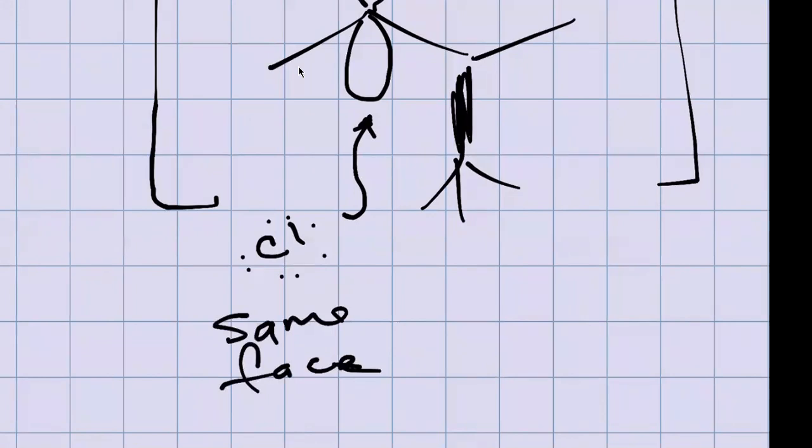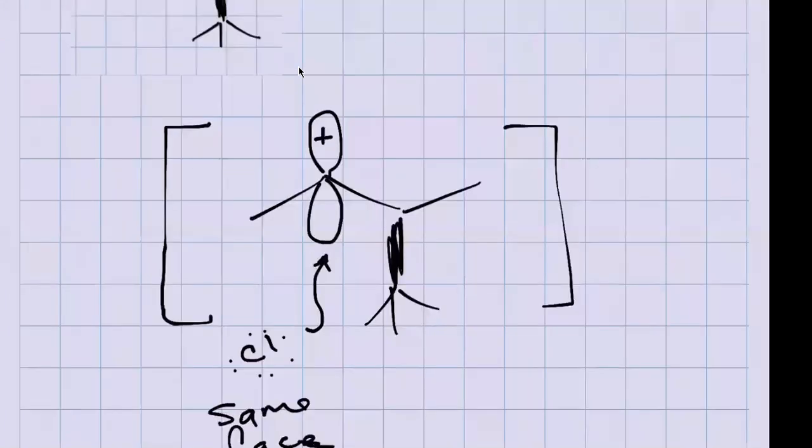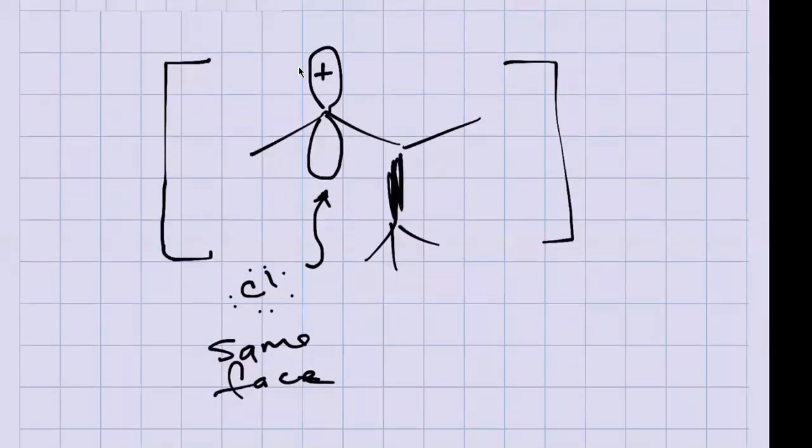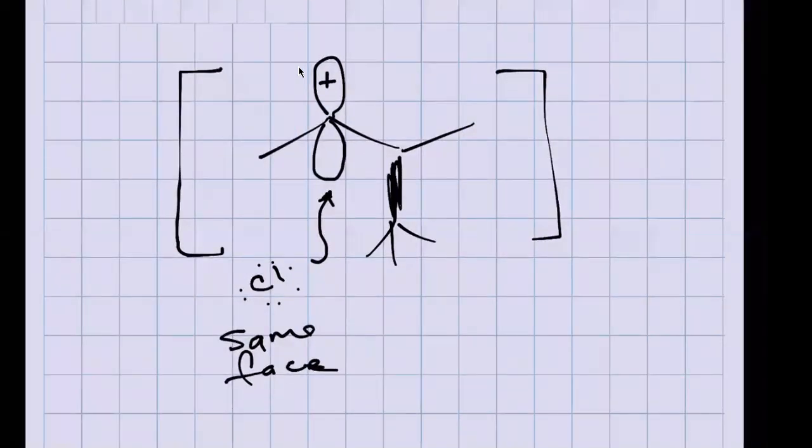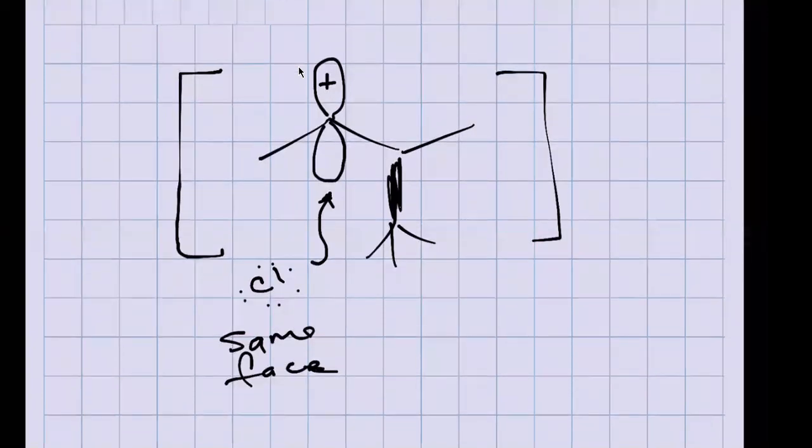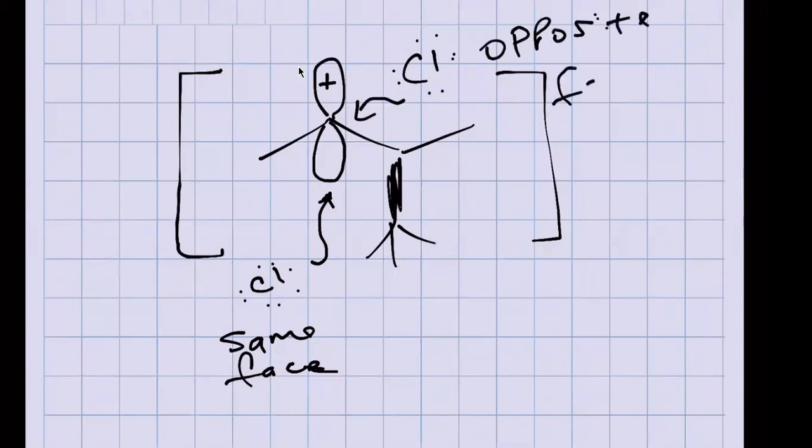Or what do you think? What's the other way it can come in? It can come in from the opposite side. Right? Which one do you think costs the least amount of energy?